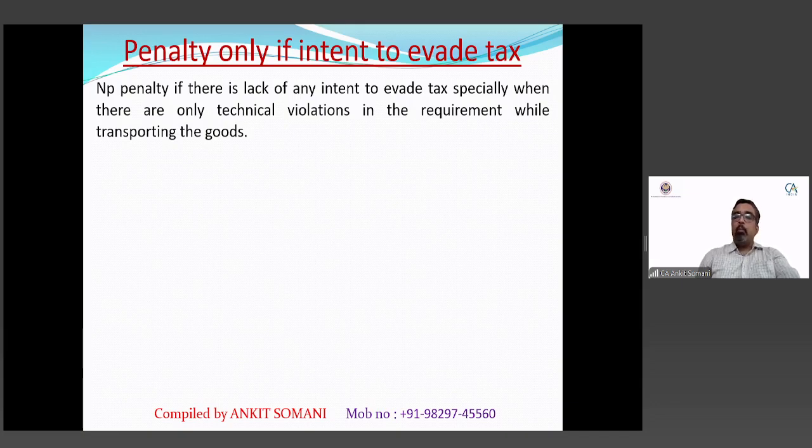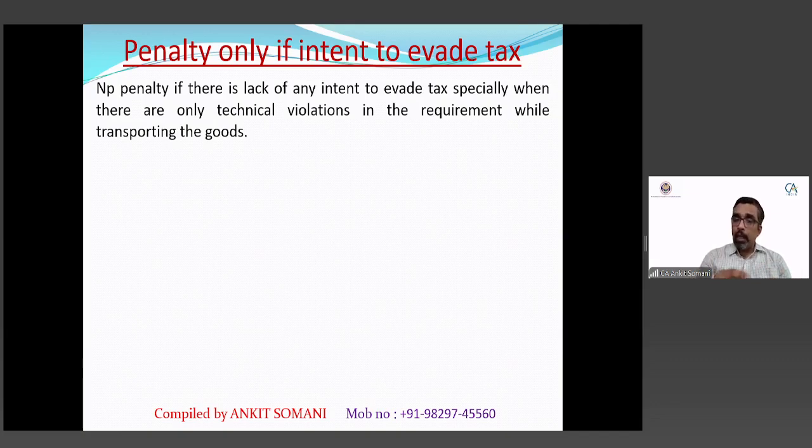Practically, no penalty can be levied if there is a lack of any intent to evade tax, especially when there are only technical violations in the requirements while transporting goods, meaning thereby only Part B was not filled, or there were some small clerical errors. Likewise, the vehicle number was not entered correctly, one or two digits, or even some document number was not entered correctly, one or two digits, or the PIN code was not entered correctly.